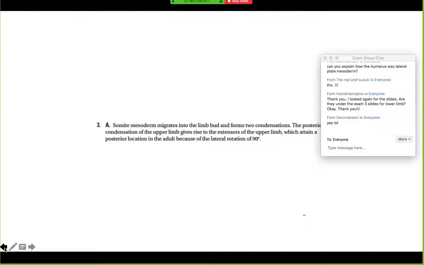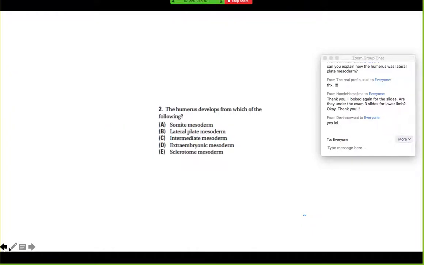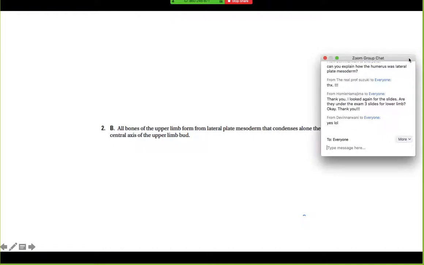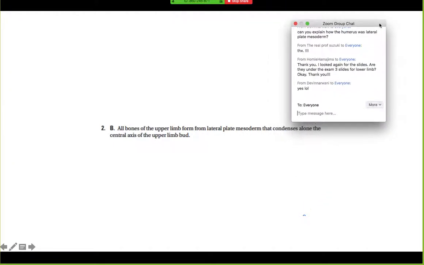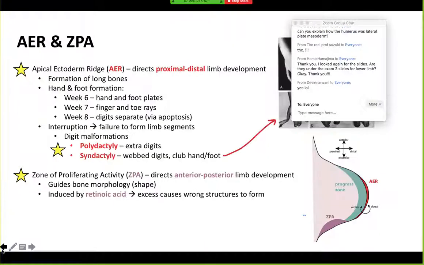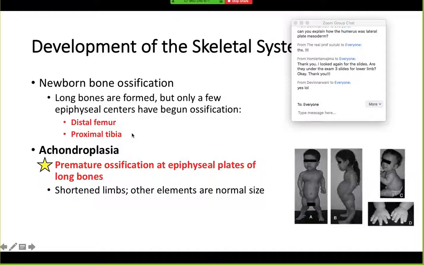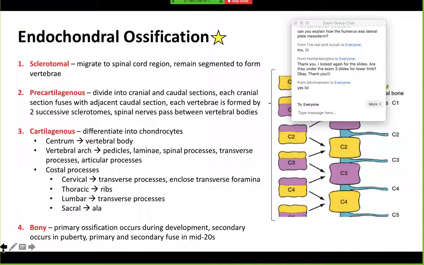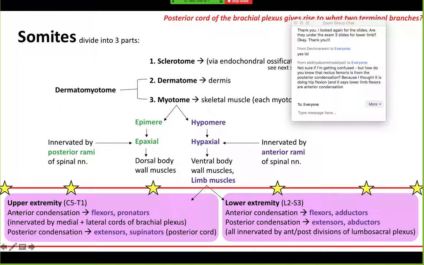Humerus, here we go. Okay. Oh, so I'm guessing that the upper limb bones must develop from lateral plate mesoderm, and then the lower is from sclerotomes, because when he talks about this, he only talks about lower limb bones, but honestly, he didn't really specify that, so I wouldn't worry too much about it.